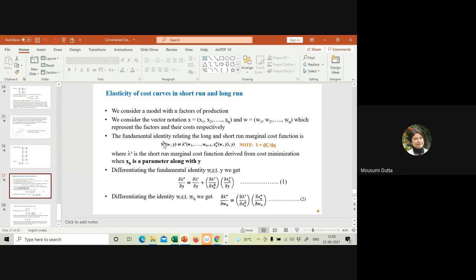Yes, at the point of tangency between LAC and SACs, that is when the firm is selecting a particular optimum plant size for that typical short run plant.